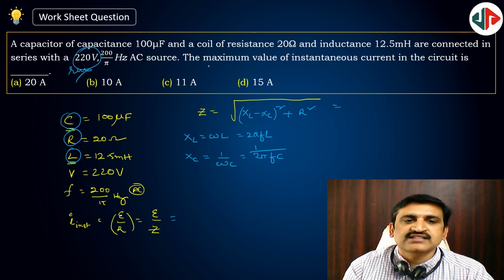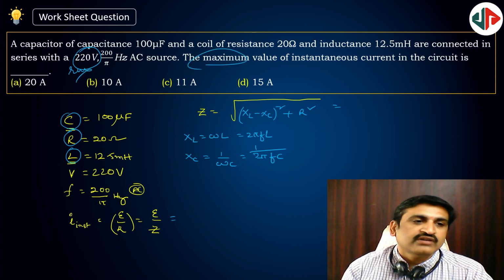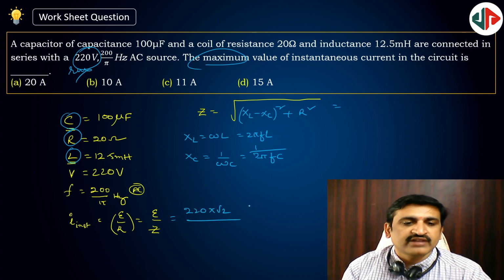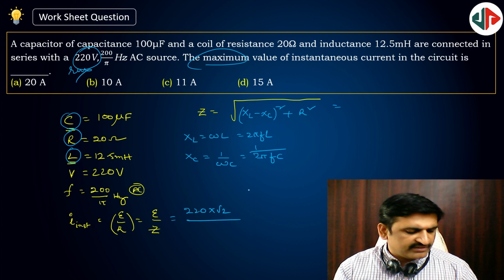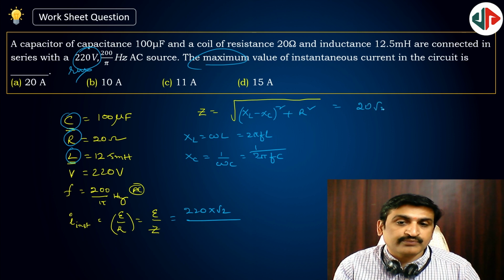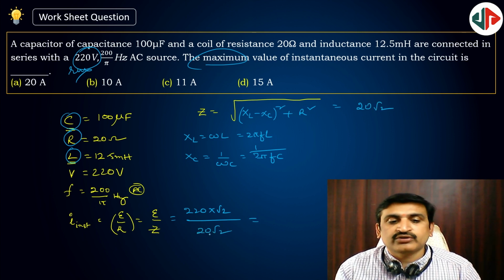I think he is asking for the maximum value, so you have to take RMS value into root 2. 220 into root 2 by the Z value obtained. I obtained Z value as almost 25 ohms, I think, which is 20 root 2. So we apply that here, root 2 will go, 0 will go. So 11 amps will come.